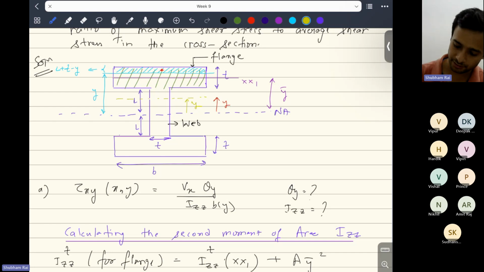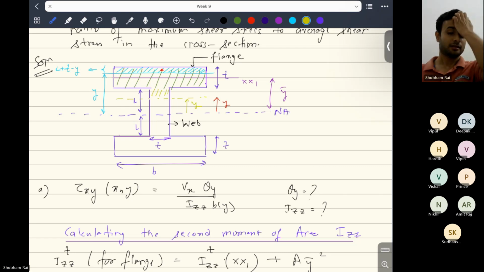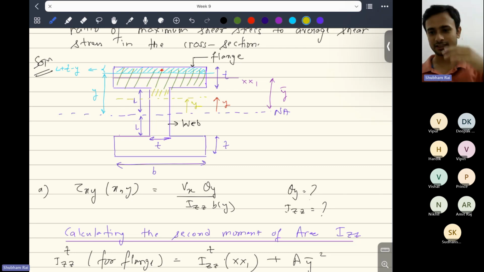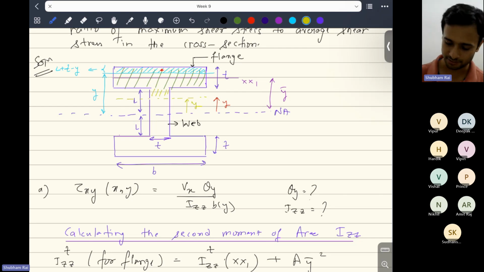So the shaded region will be this total region up to here, this flange plus web, because transverse shear stress will have effect of the section above as well. So we'll consider web plus flange in this case. So this complete region web plus flange, this extra yellow region will be there.